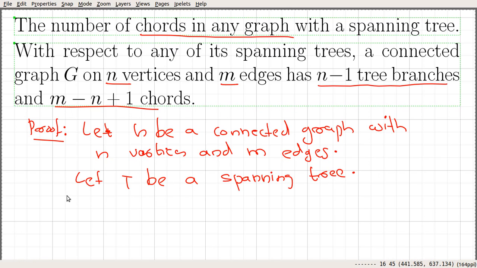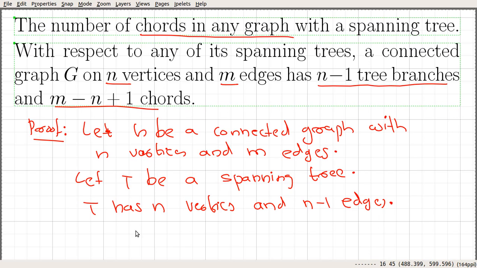Since T is a spanning tree, T has n vertices, and since it is a tree, it has n minus 1 edges. The edges in a spanning tree correspond to the branch edges, so it has n minus 1 branch edges.